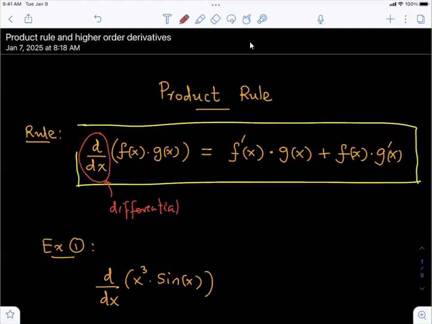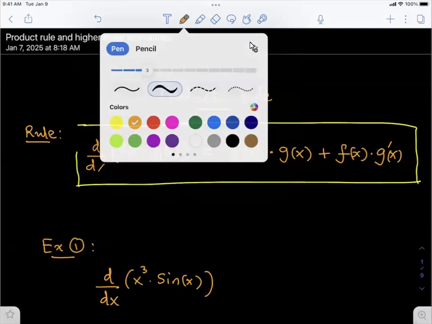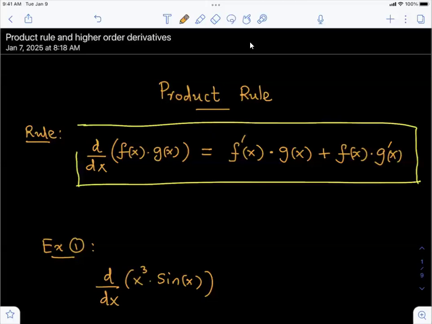Differentiate. So differentiate what? Differentiate the function right in front. So you're trying to take the derivative of the function sitting right in front. And when you take the derivative, we know the composition.